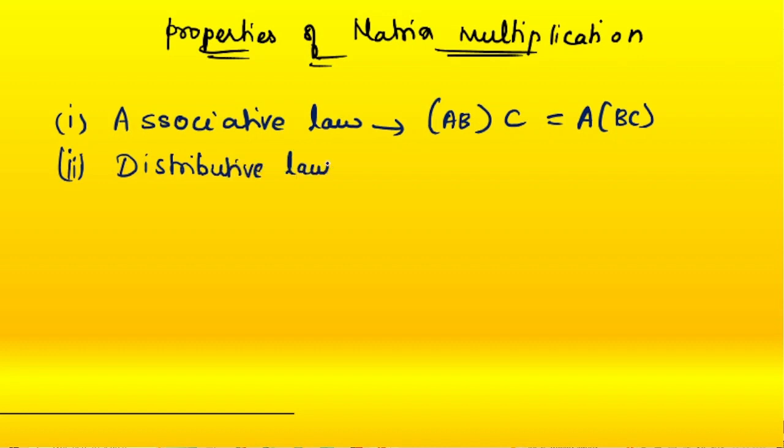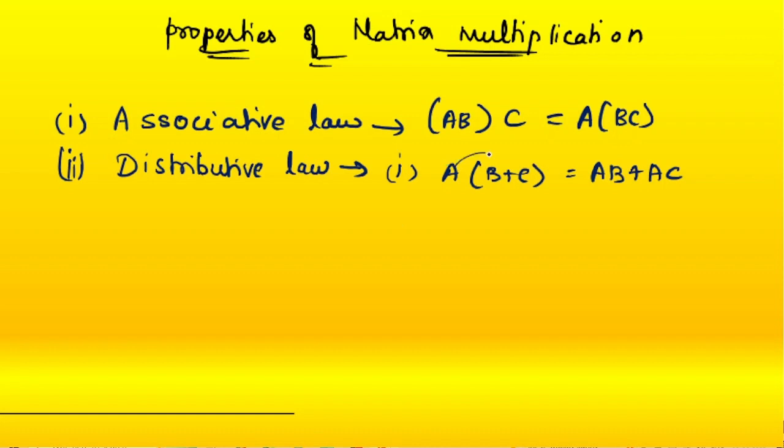So what is all about the distributive law? When you look at it, A into (B plus C) will be equal to A into B plus A into C. You know the distributive law, right? When you have an element outside, you can multiply it with both the numbers.